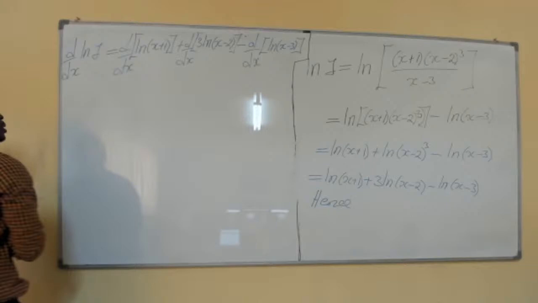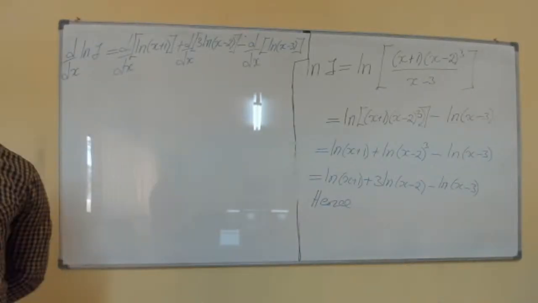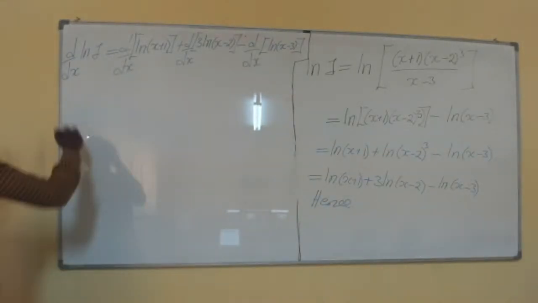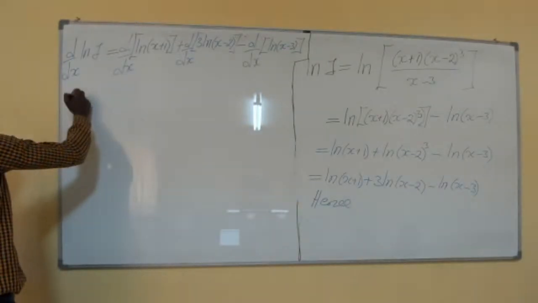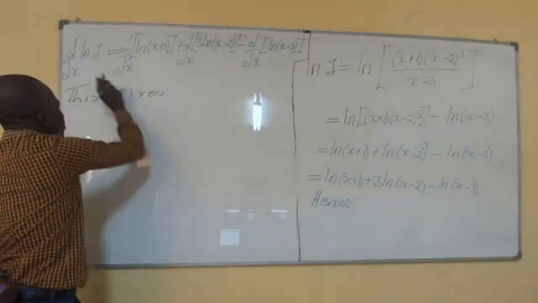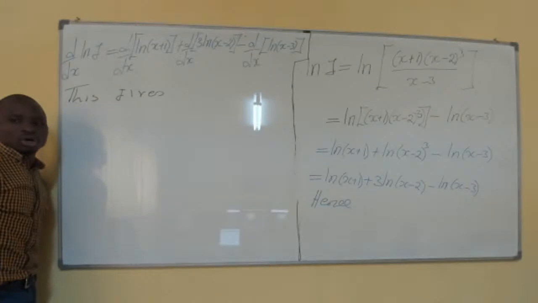So now we differentiate implicitly on one side. Let me go step by step.